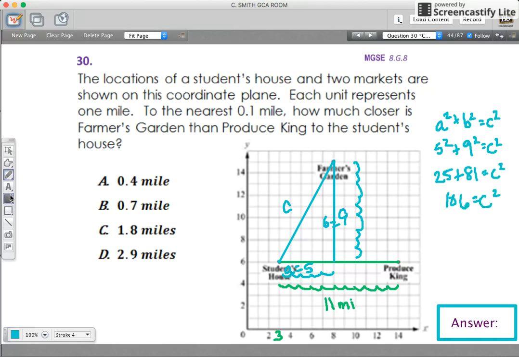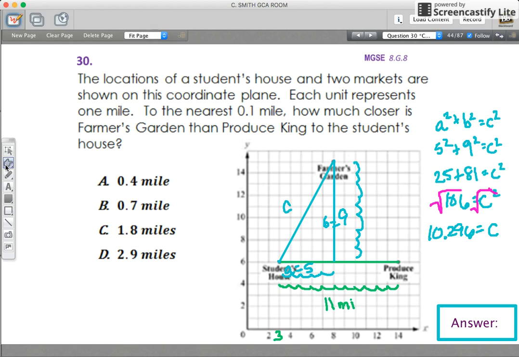All right, I'm going to take the square root of both sides. That's going to cancel. All right, now the square root of 106 is 10.296-ish, okay?